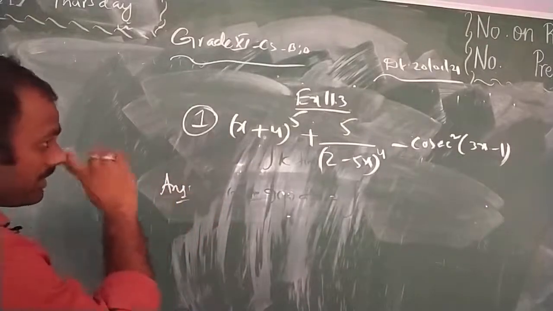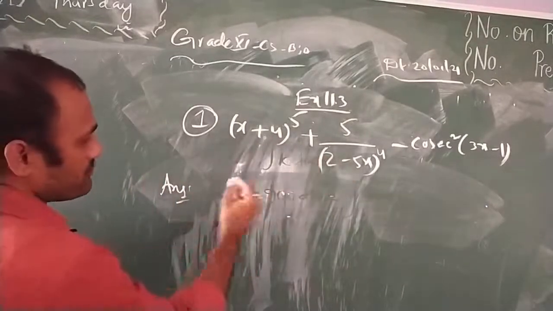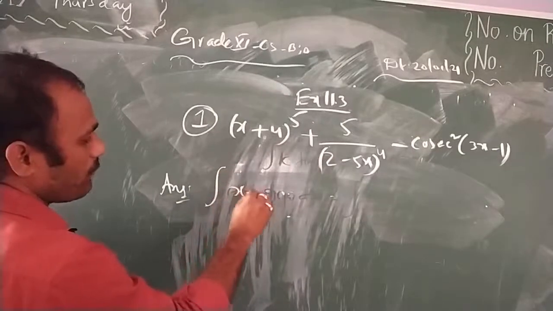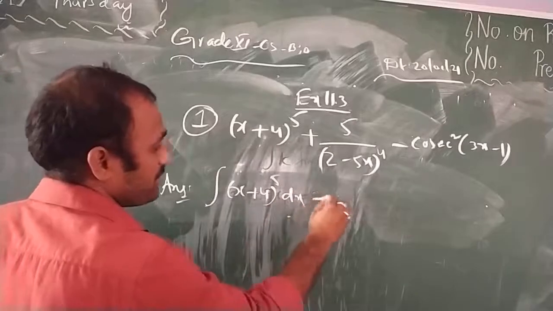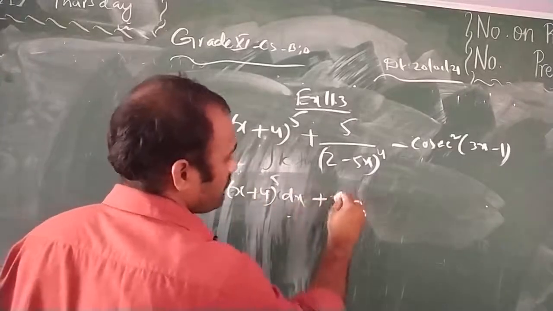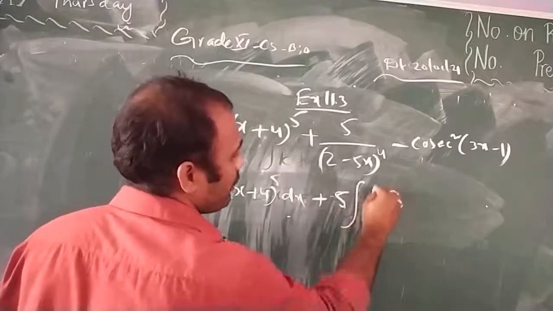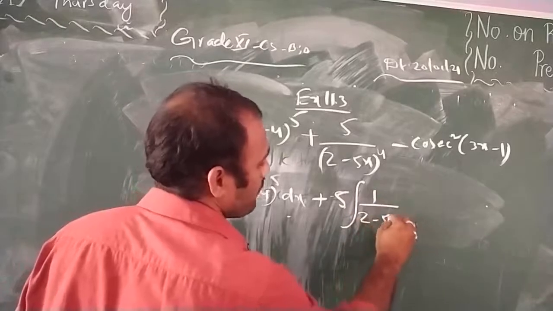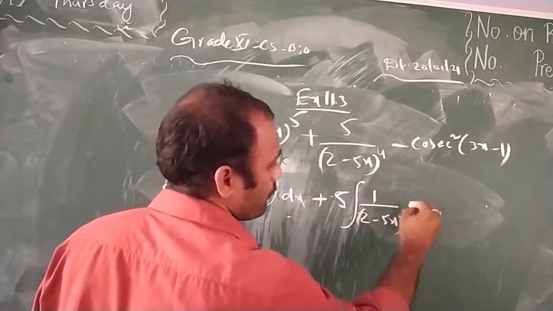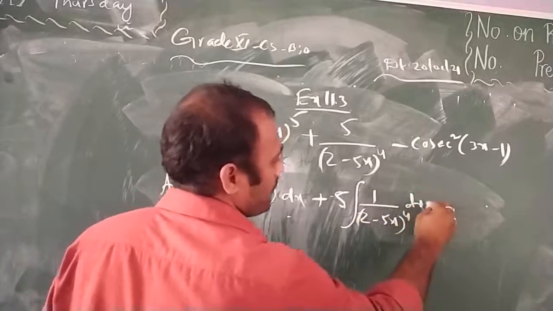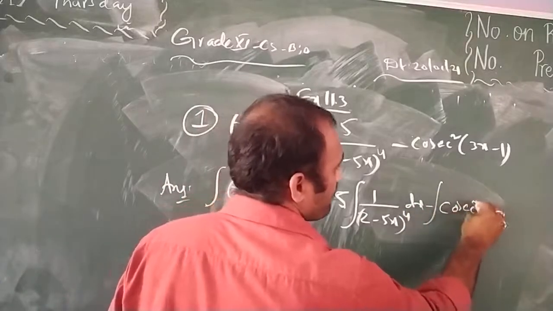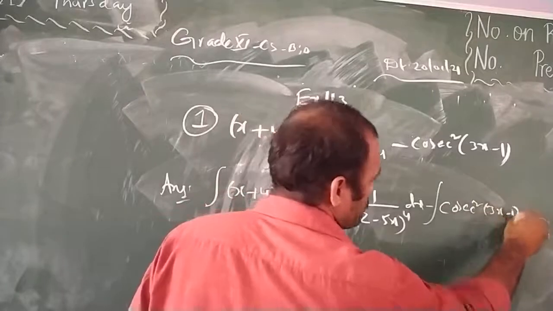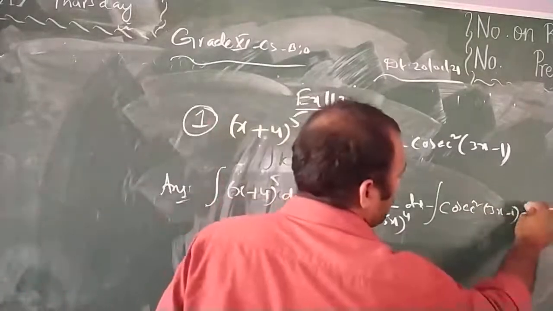We are asked to integrate. So let us integrate every function here. Integral of (x plus 4) whole to the power of 5 dx with respect to x, plus 5, which is a constant, we can take outside, integral of 1 by (2 minus 5x) whole to the power of 4 dx, minus integral of cosecant square of (3x minus 1) dx.